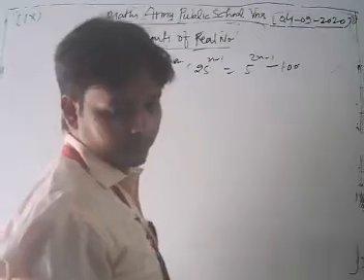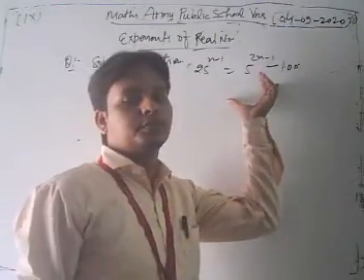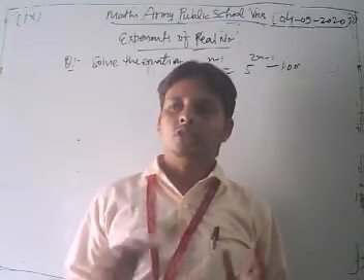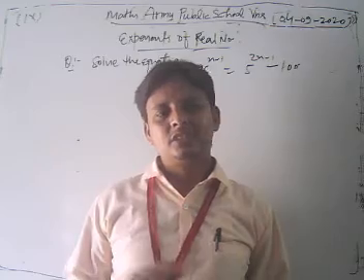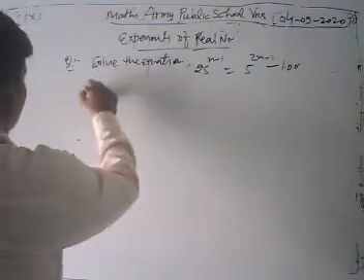Yes, dear students, in this question we solve the given equation. Solving any equation means that we just find the value of x only. Okay, now look at its solution.